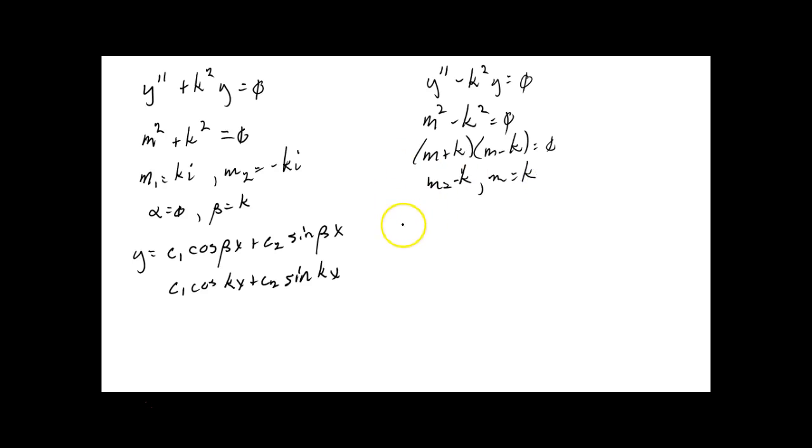So then your solution is y is equal to C1 e to the minus kx plus C2 e to the kx. Okay? All right. They put them in the opposite order. It doesn't matter. They put the positive k first and the minus k second.